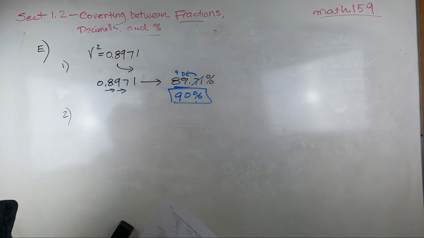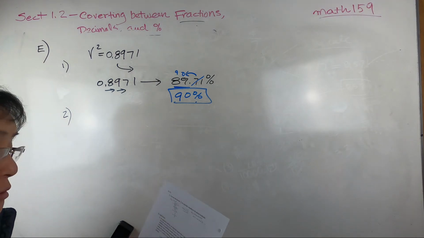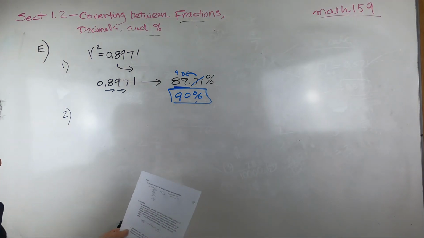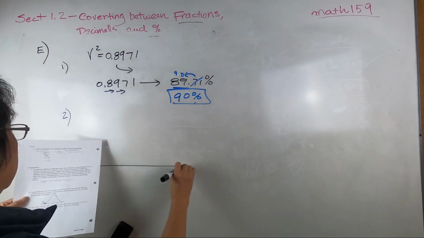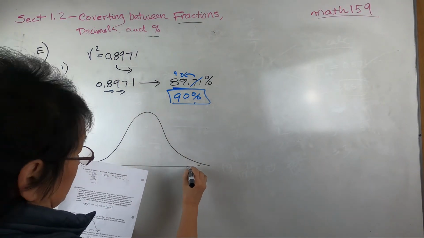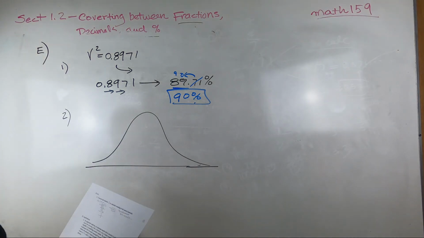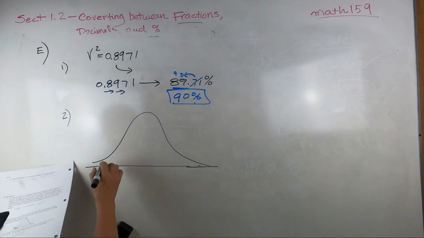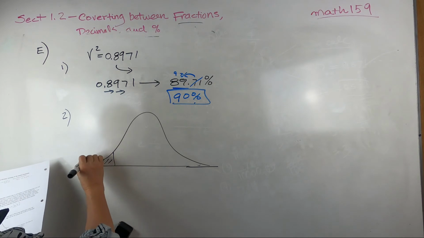So when you first encounter the question, you will be confused. First, you have a curve, and it's given to you like this. You don't know what it means. Then it gives you 2.5% at this area.